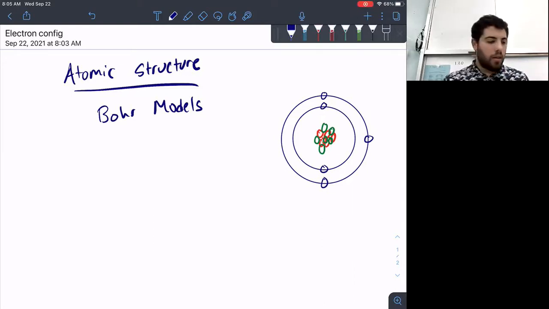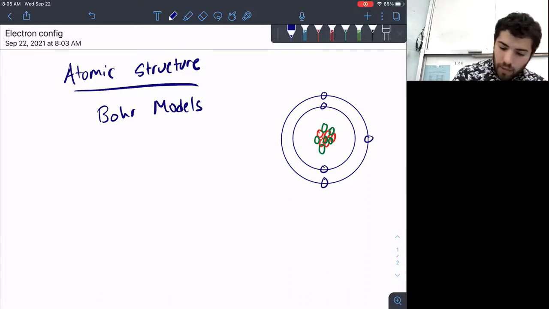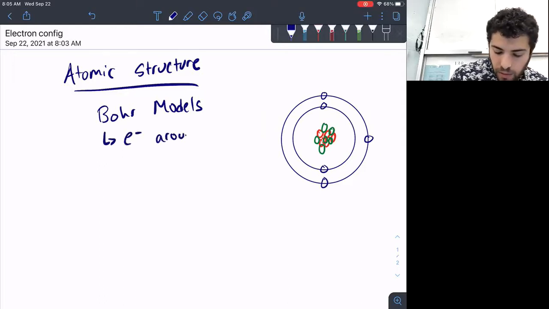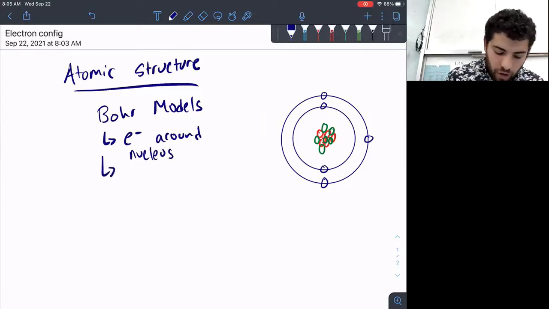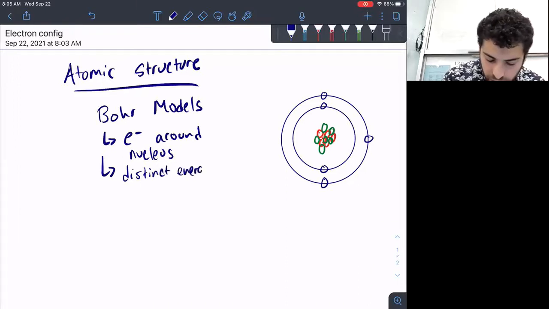So when we look at a Bohr model, you'll notice a couple things. One, the electrons are around the nucleus. And there are also distinct energy levels.